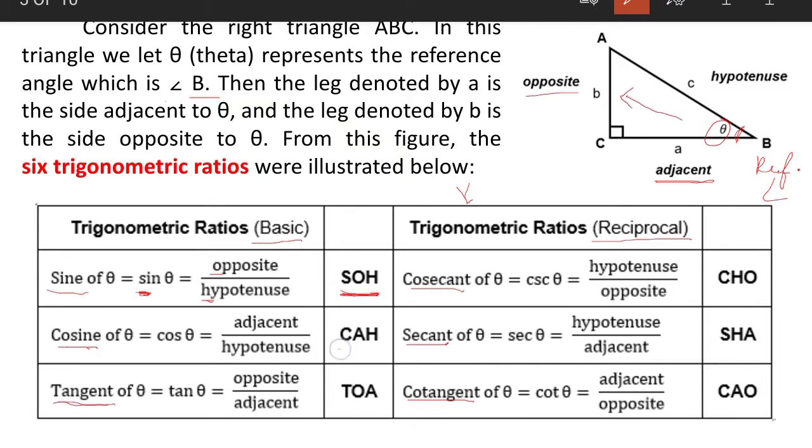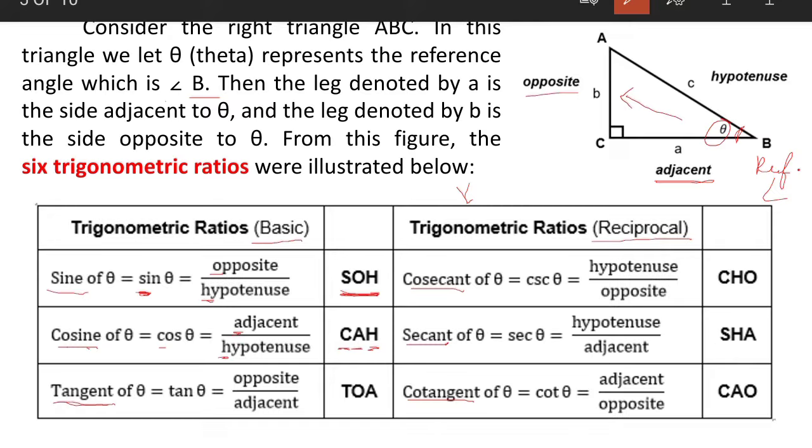Yung CAH naman, C stands for cosine, A stands for adjacent, and then H stands for hypotenuse. So, CAH means cosine theta is equal to adjacent over hypotenuse.